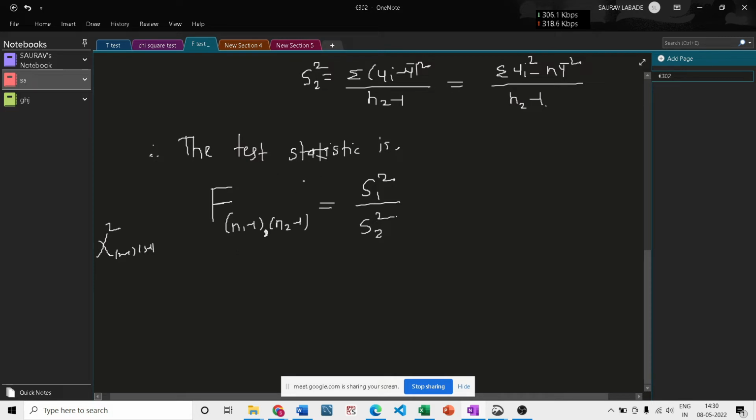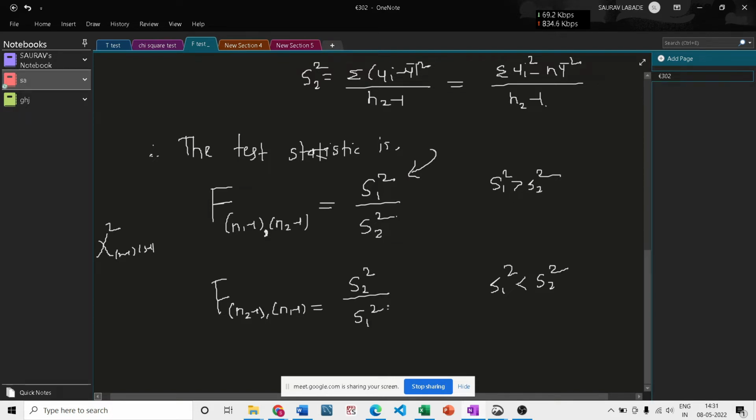Now, when we are using this test statistic and s1 square is greater than s2 square, understand that, right? When s1 square is less than s2 square, then the distribution has different parameters, n2 minus 1, n1 minus 1, and we have to find s2 square divided by s1 square.